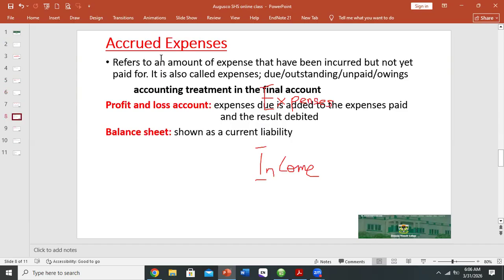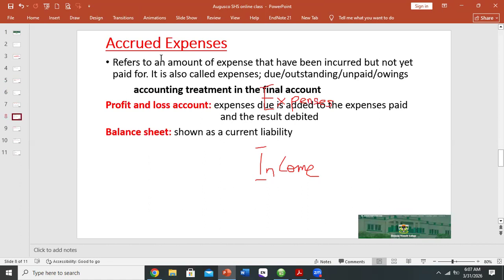Accrued expenses refers to amount of expense that have been incurred but not yet paid for. And I'd want you to note the key term, that these are expenses that have been incurred but have not yet been paid for.